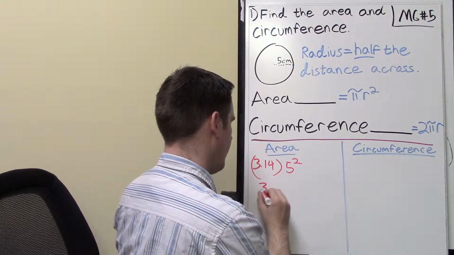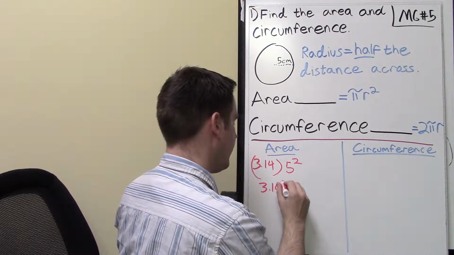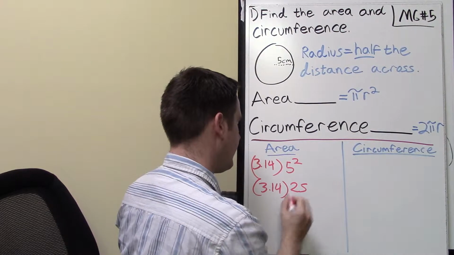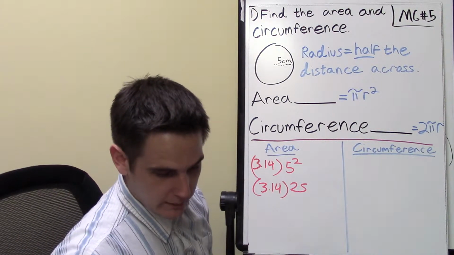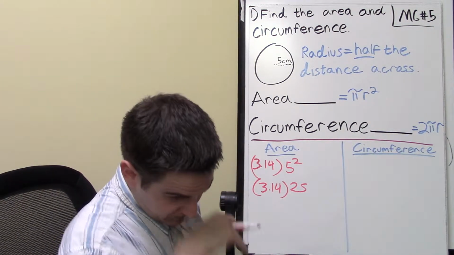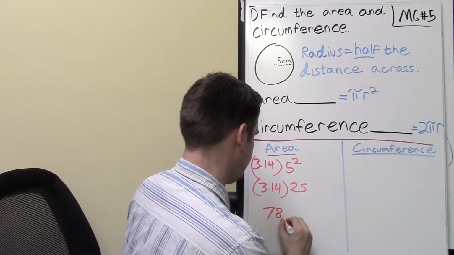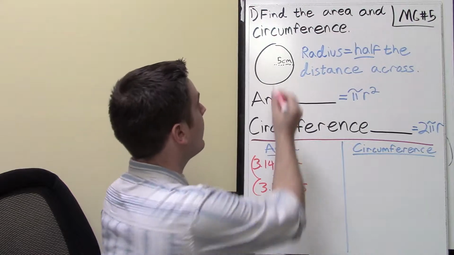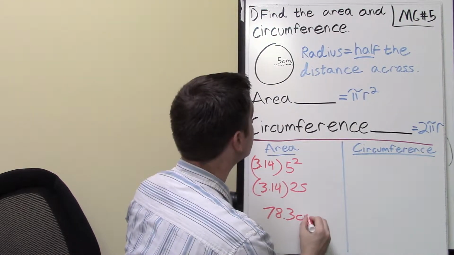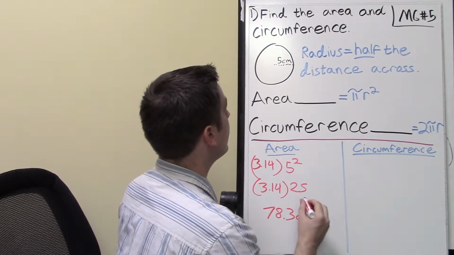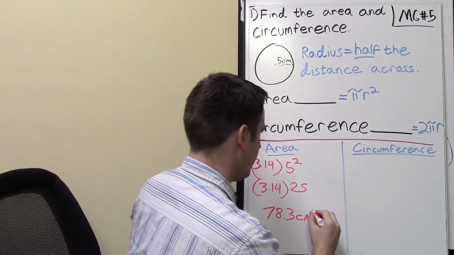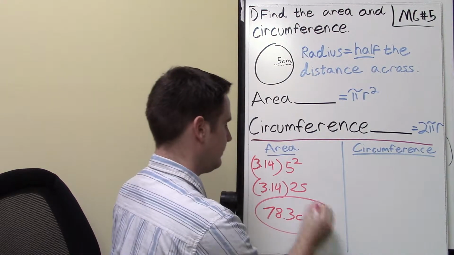So that'll simplify to 3.14 times 25, and then that will leave us with 78.3 centimeters. And it's area, so don't forget the square.